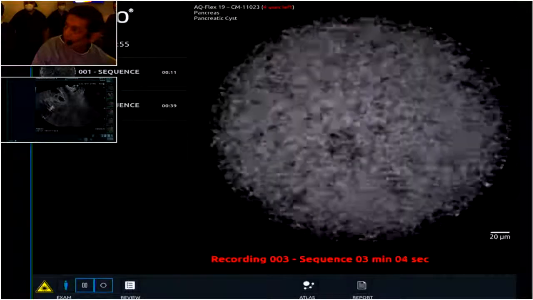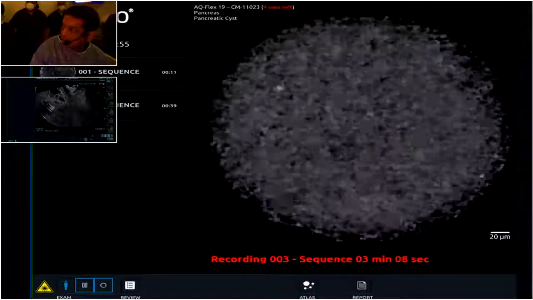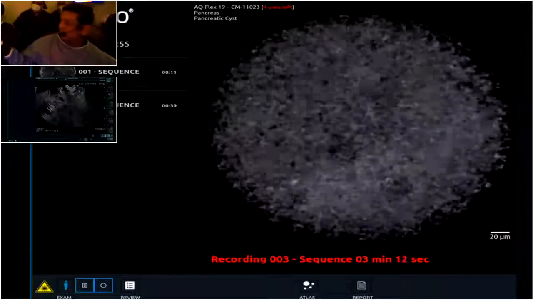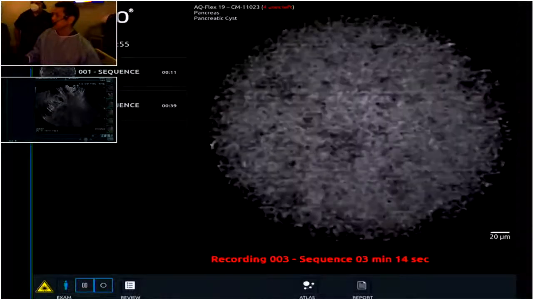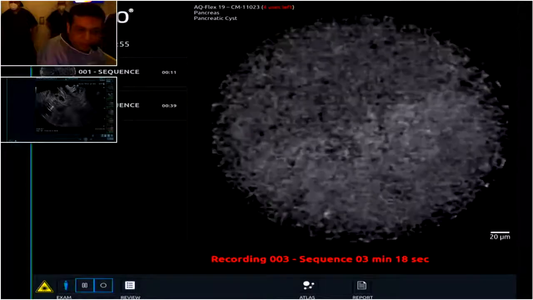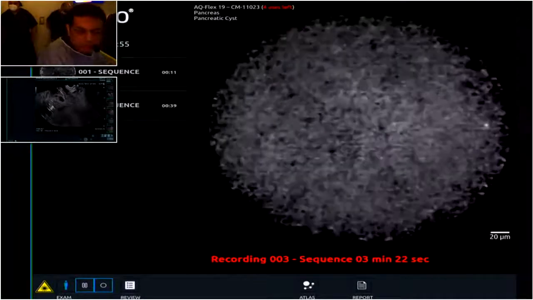And third, because confocal doesn't show me nothing. The wall is without vascularity. So to my opinion, this is a pseudocyst.